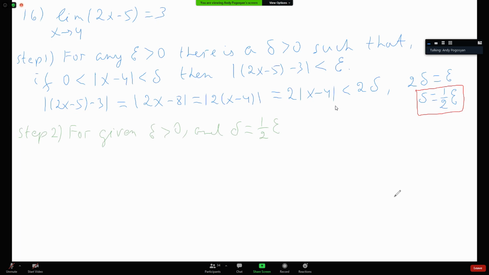It says if 0 is less than x minus 4 less than delta, so x minus 4 is less than delta. So 2 times x minus 4 will be less than 2 delta.